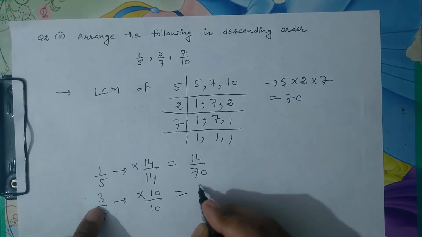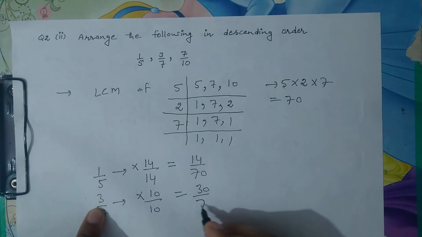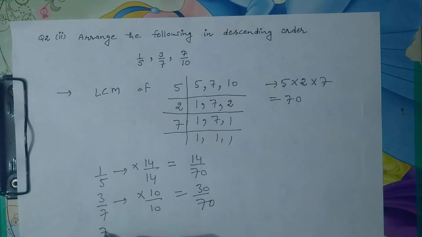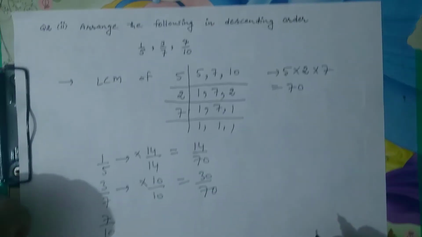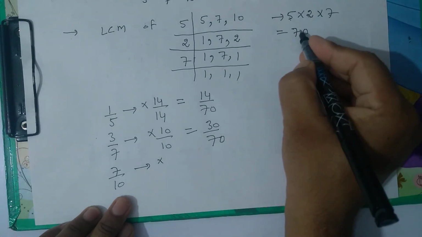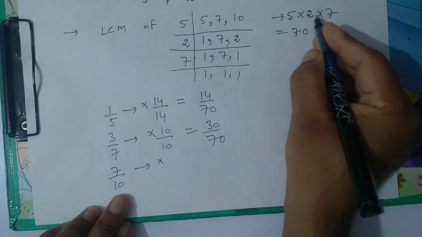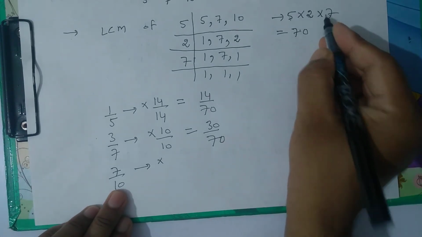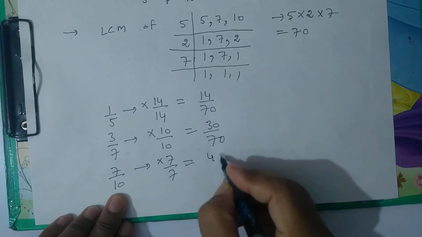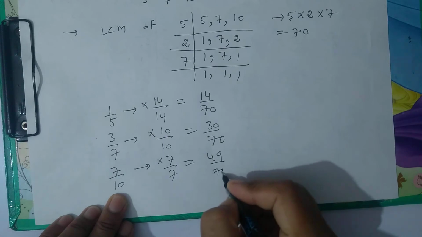So the answer is 30 upon 70. Last one is 7 upon 10. So 7 upon 10, multiply the number by 7, 7 upon 7, this is 49 upon 70.